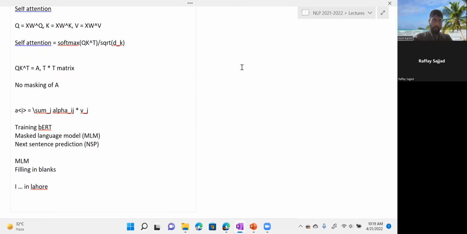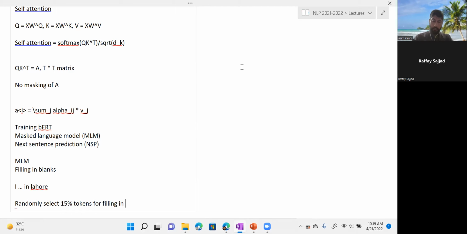Given that, we randomly select 15% tokens for filling in. In other words, we randomly select 15% tokens in our entire corpus, and we say that these are the blank tokens. These are the tokens that we would like to predict.